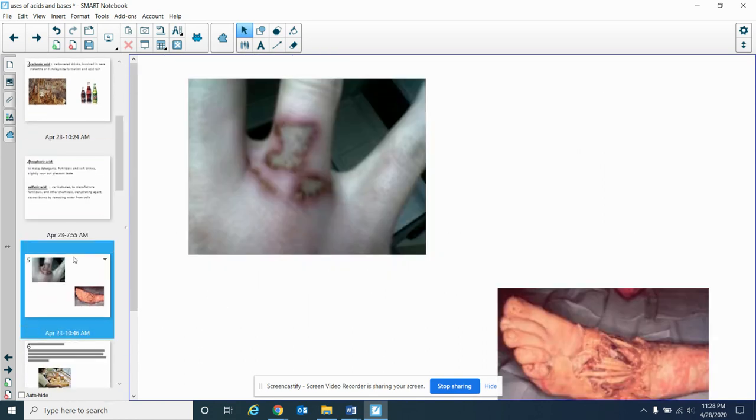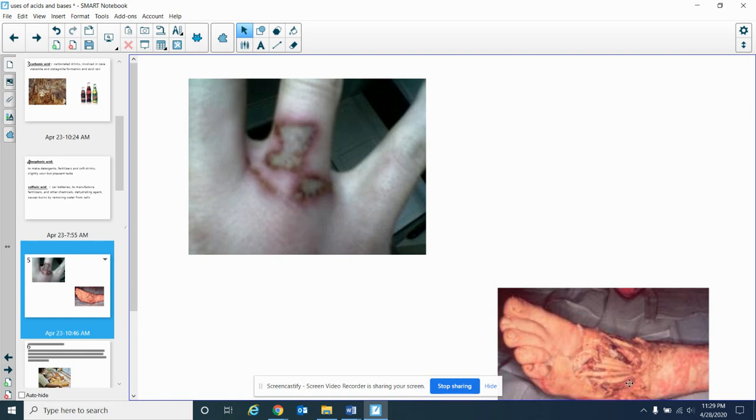So if you get acid on you, if it's a strong acid, you can get a burn like this. That's why I always tell you, if you get the hydrochloric acid or sulfuric acid or nitric acid that we've used in lab on your hand, you need to wash it off immediately, because if you let it sit, you get a burn like this. This foot down here, it's very gross actually.